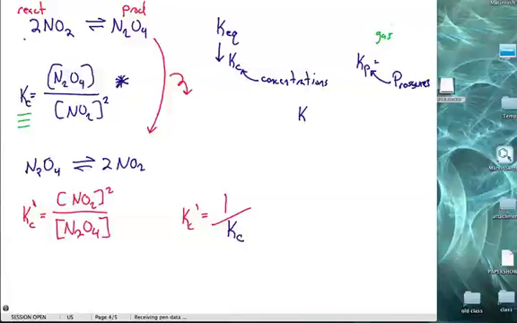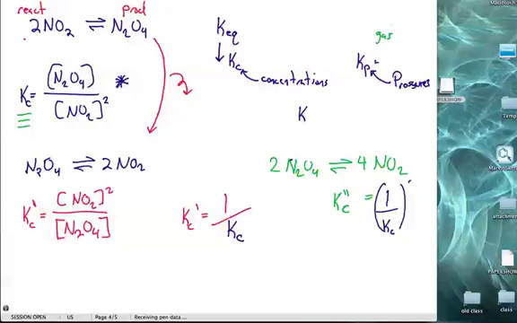What about if we were to look at doubling of the equilibrium constant? 2N2O4 goes to 4NO2. We could predict that, well, if we double this reaction, the equilibrium constant for this one, which I'll just call K double prime C, would become equal to, in this case, 1 over Kc squared.